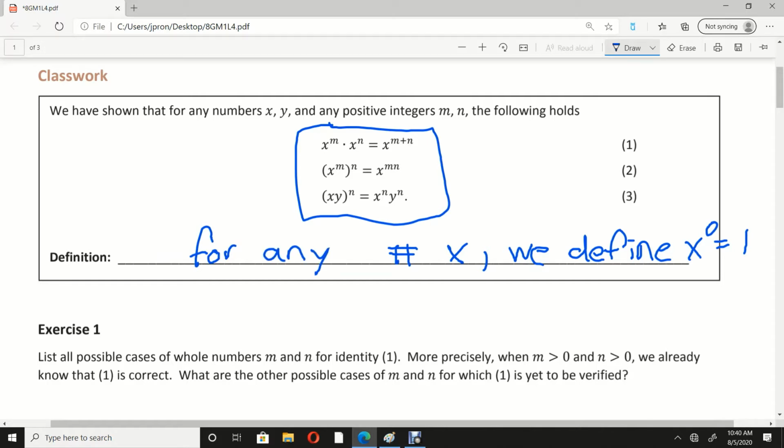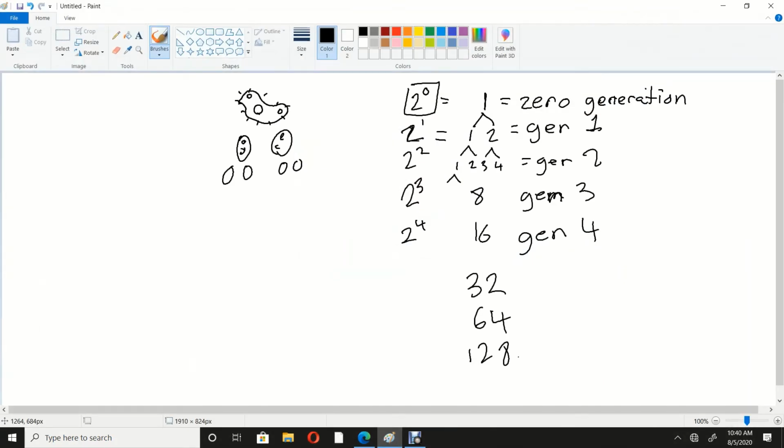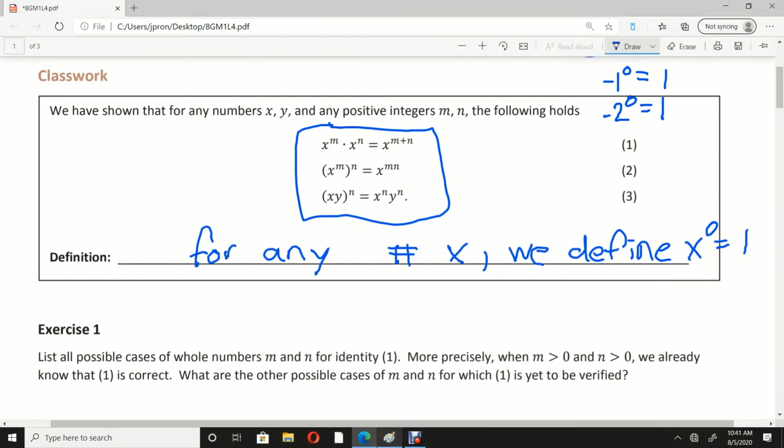This includes -1 to the 0th power should equal 1, -2 to the 0th power should equal 1. Now my little analogies over here break down if you use negatives. These don't work if you use negatives, but the rule is actually for any number. It doesn't need to be positive.